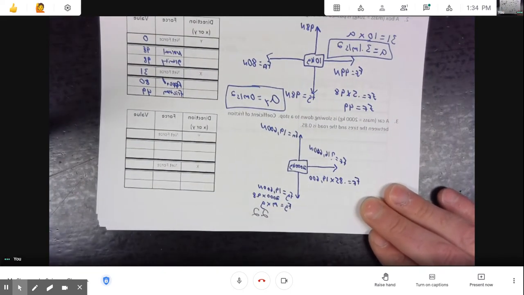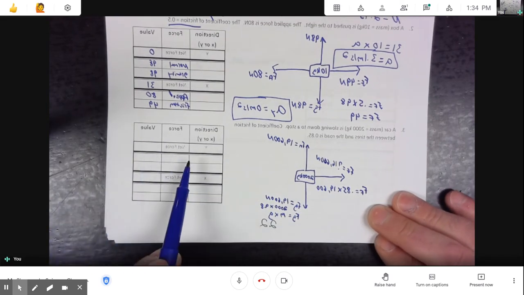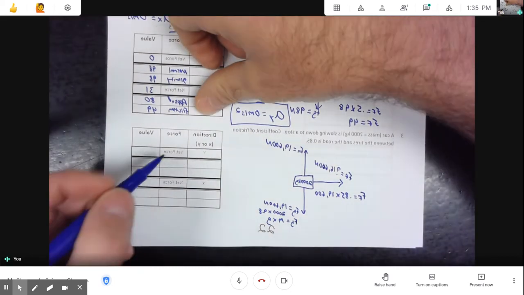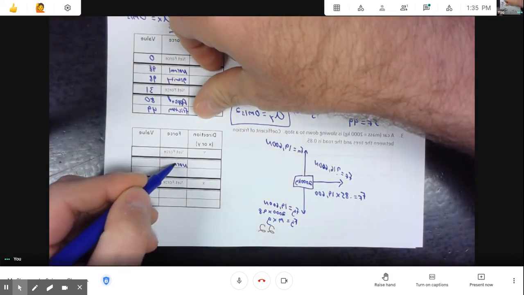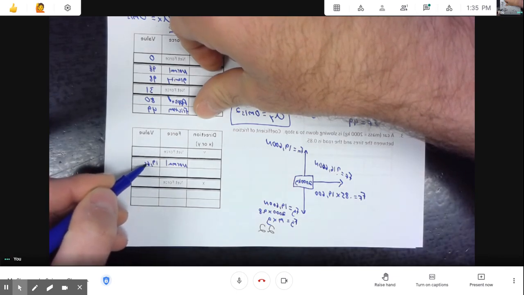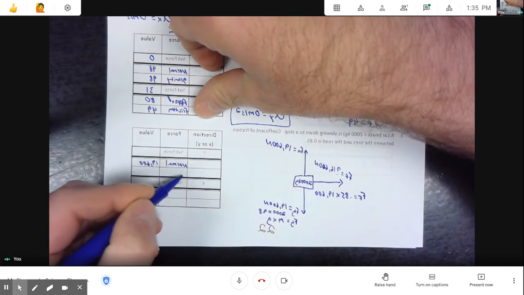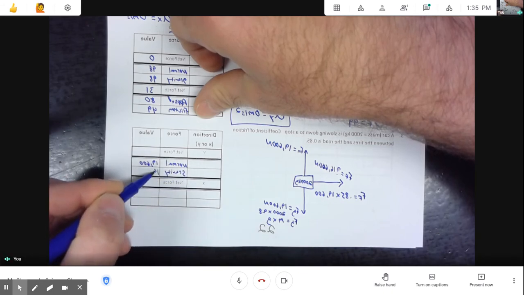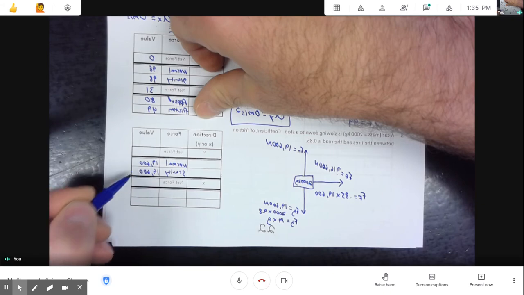All right. Next thing we need to do is fill out this table over here. So we're going to keep track of all of our forces using this table. So in the y direction, we have normal force. The normal force was 19,600 newtons. We also had gravity, which was the same, 19,600 newtons.